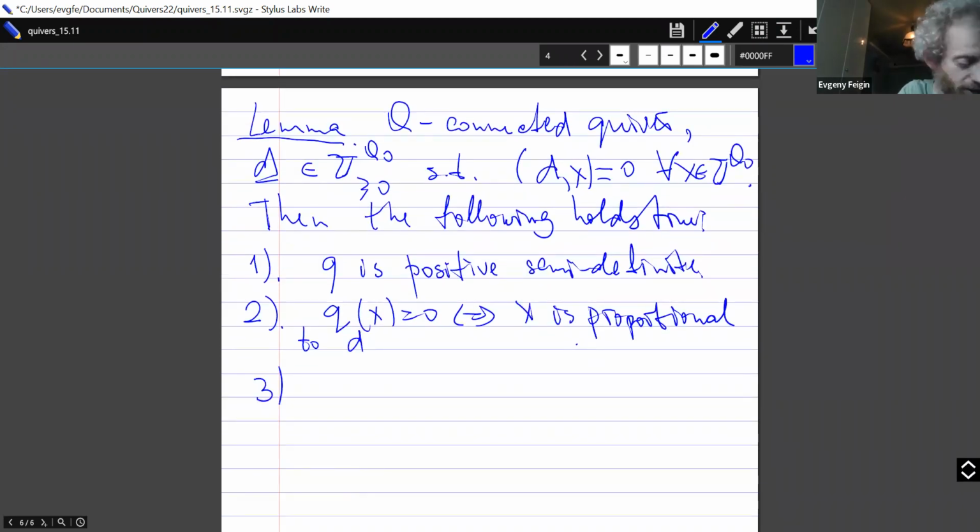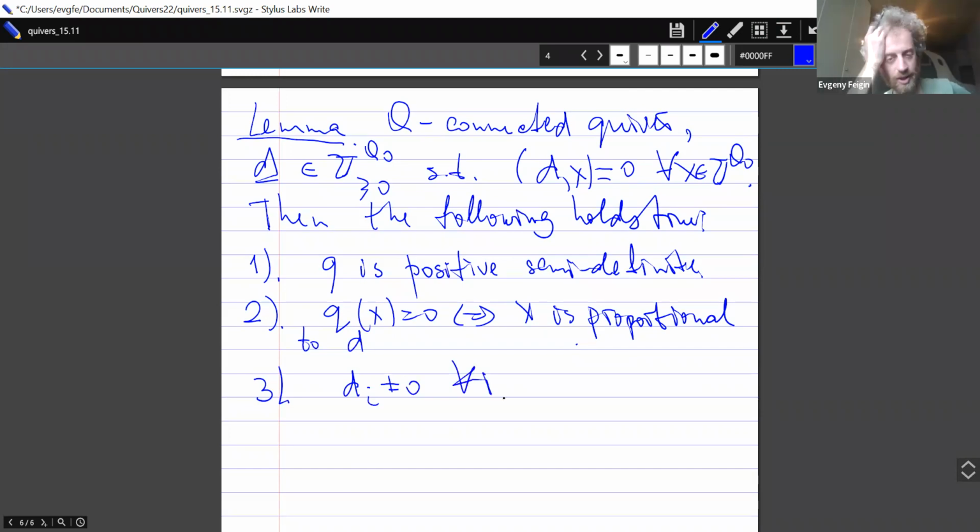And then finally, d_i is non-zero. So this means that the kernel of our symmetric form is something with all coordinates being non-zero, and actually this kernel is one-dimensional, and if it exists, then the form is quite good in a sense.